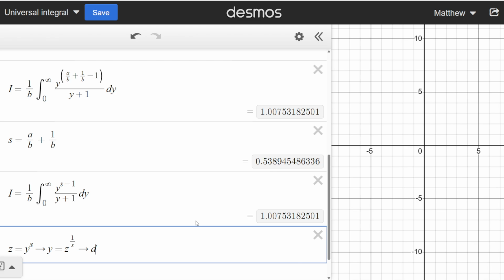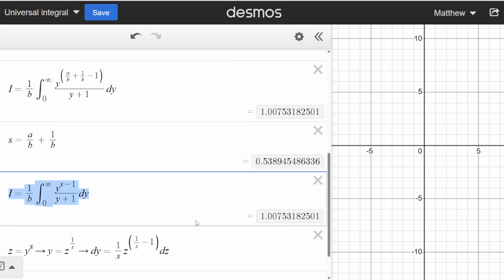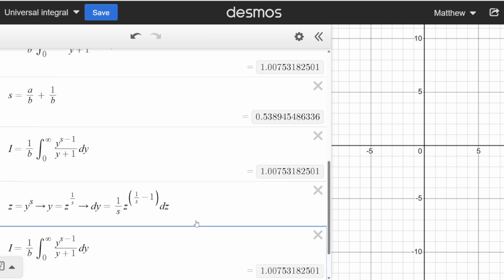This means that dy is equal to 1 over s times z to the 1 over s minus 1 dz. Again, our bounds of integration are not going to change because of that. Well, we're going to need to figure out what y to the s minus 1 is, in terms of z.